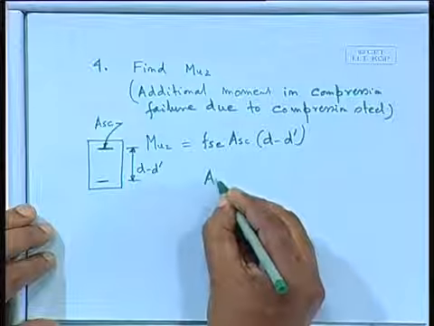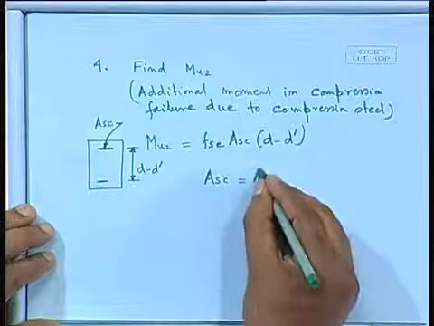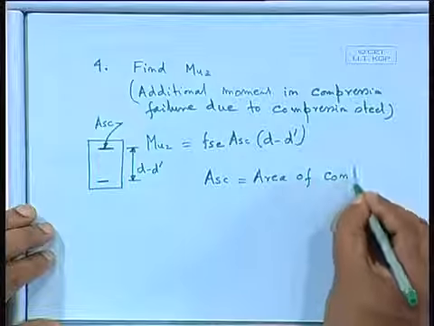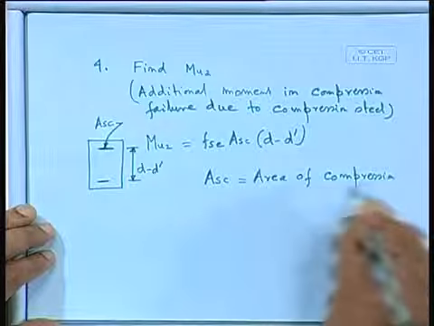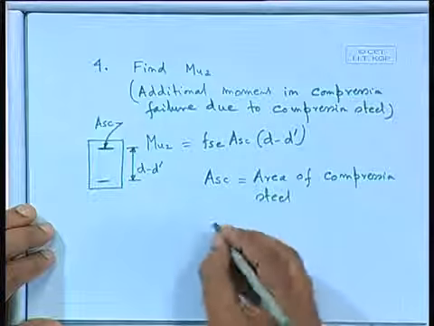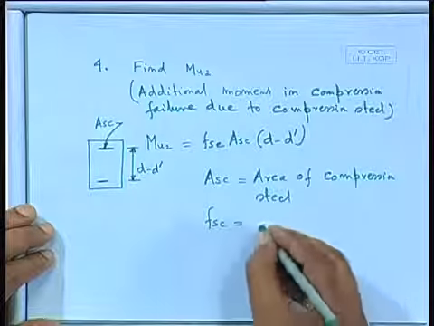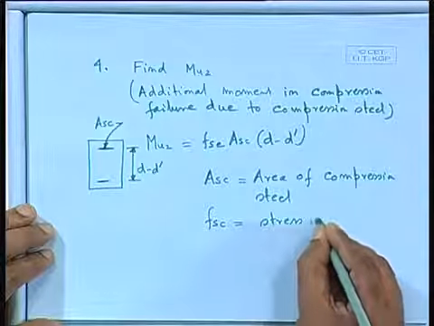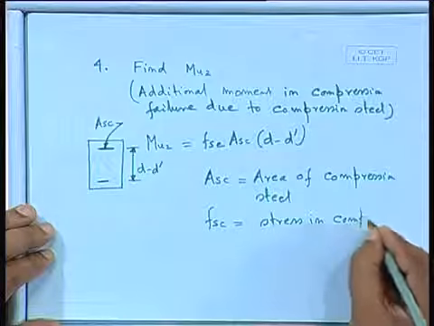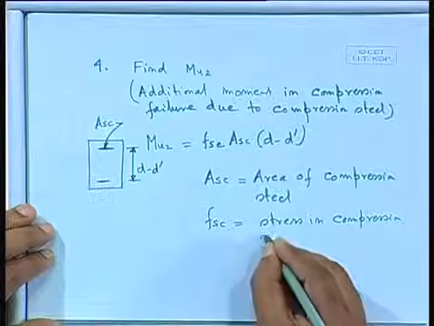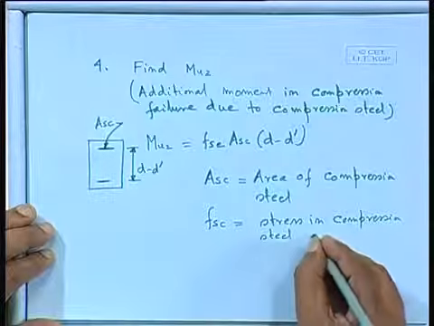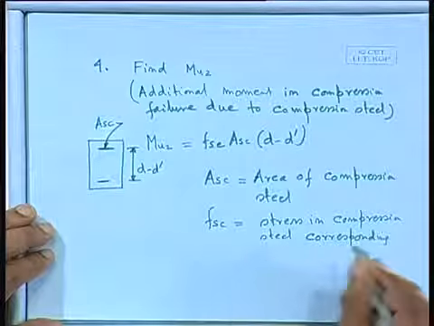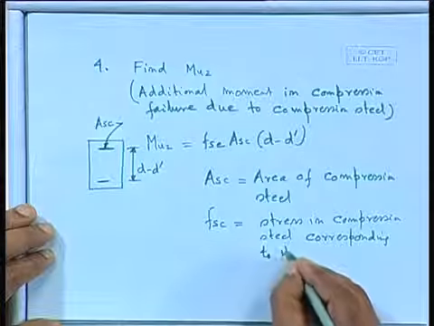Let us write down ASC, area of compression steel, and FSC, stress in compression steel, corresponding to its strain.